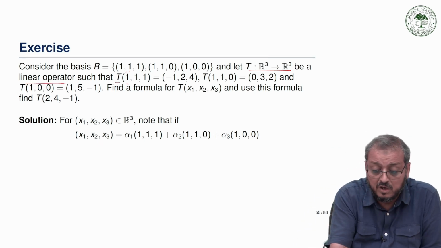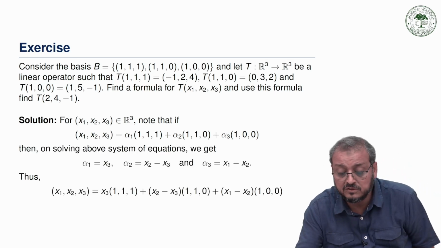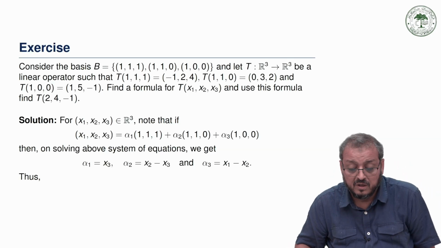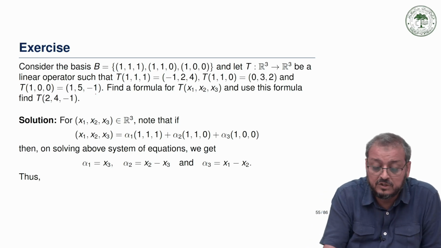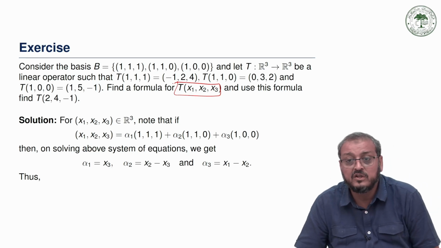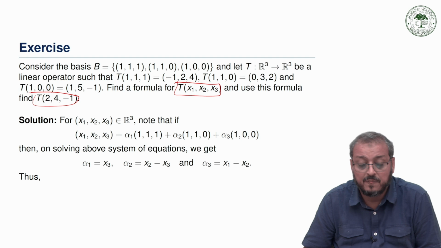So T of (1,1,1) is defined in this form, T of (1,1,0) in this form, and T of (1,0,0) is equal to this. Now we have to find a formula for T of x1, x2, x3, and use this formula to calculate the value for (2, 4, minus 1).